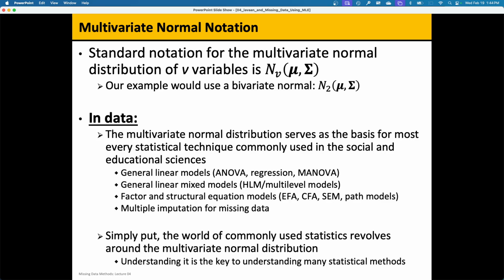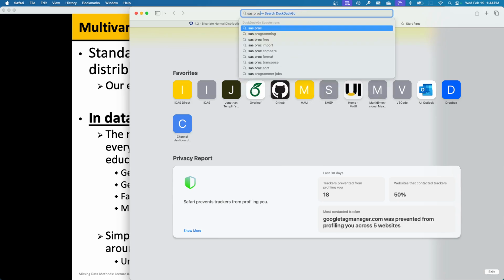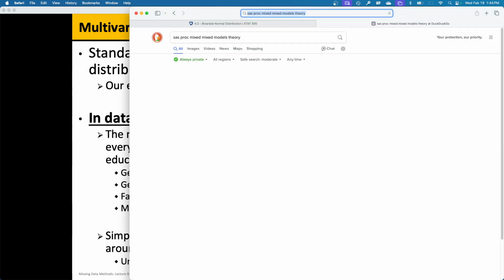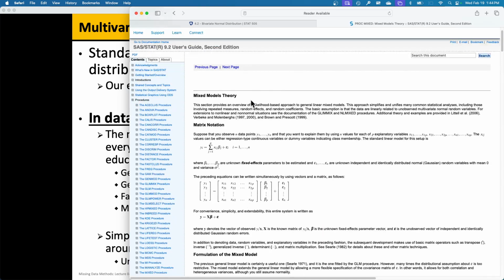And there are equivalencies between what you may have learned as MANOVA in the old school sense and mixed models for MANOVA. Those rely on multivariate normal distributions. In fact, one of my favorite packages, Proc Mixed in SAS. I love their user guide. I think I learned about mixed models more from it than anywhere else in my life.